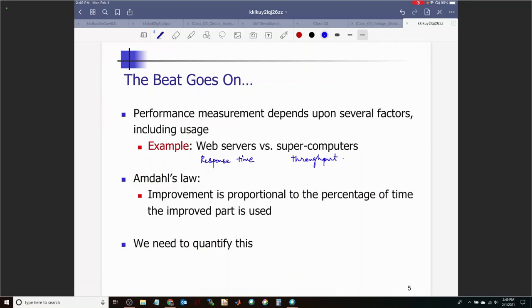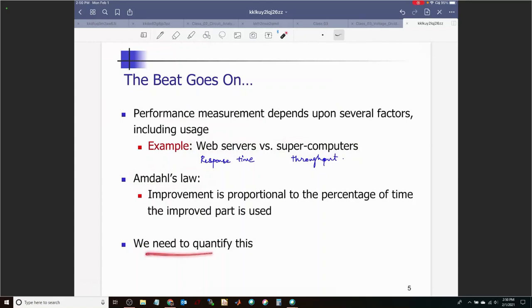Number of tasks in a given amount of time. Because the users are interacting with the web servers to get response as soon as possible. However, with supercomputers and servers, we say, all right, here is the bunch of tasks, take them and just give me the results. So the number of tasks completed in a given amount of time. If there are more, I'm going to be happy. So I'm essentially looking at the throughput over there.